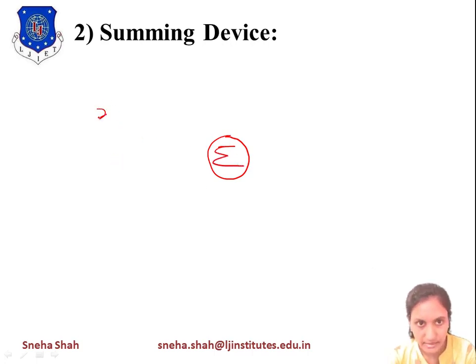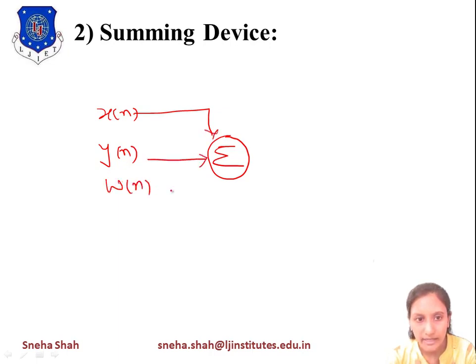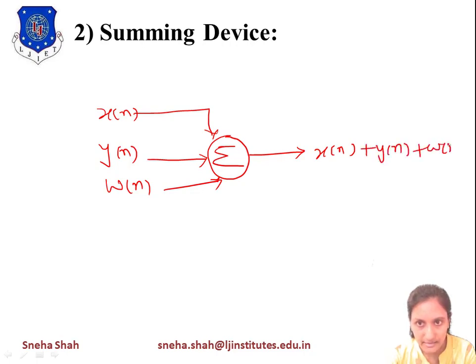In this, suppose we take three different sequences like x of n, y of n and w of n, then these three terms will get added and it gives you the output as x of n plus y of n plus w of n.